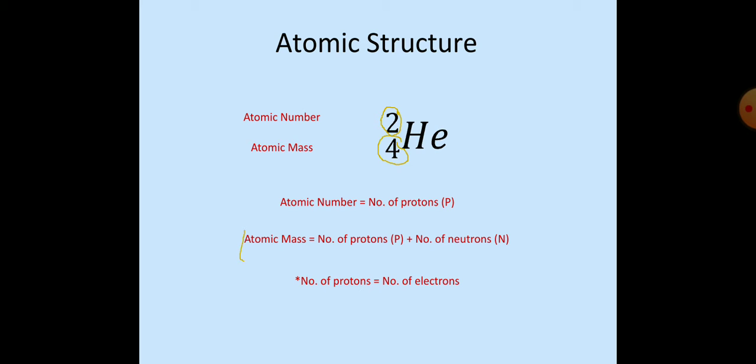Okay, so using this formula, atomic mass is 4 and the number of protons is 2. Therefore, the number of neutrons, you will subtract 2 sa ating atomic mass, you'll get 2. Okay? Always remember that, huh?